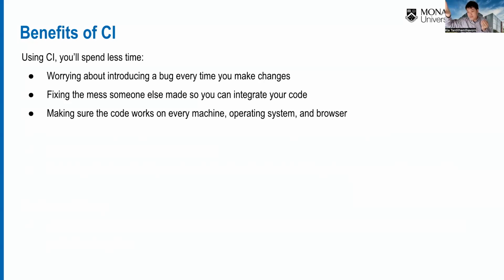If the CI run fails, then our code will not be integrated into the main repository anyway. So that's why the CI is like a gatekeeper. It's like the police, okay? Whether you introduce a bug to the whole piece of software or not, okay?